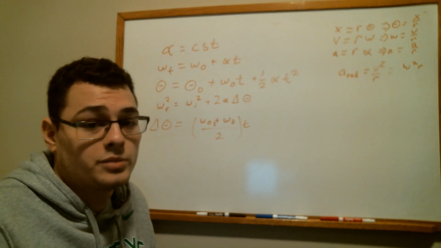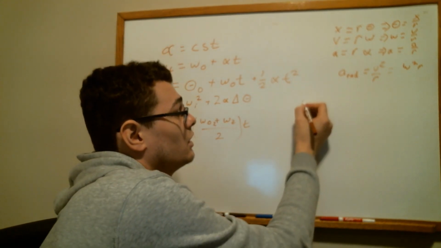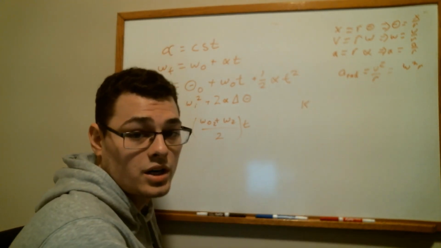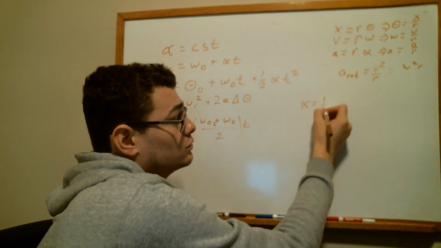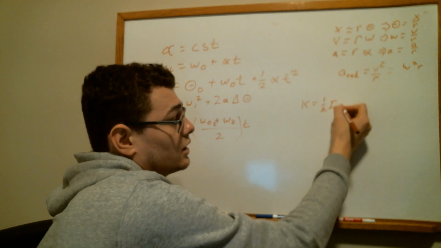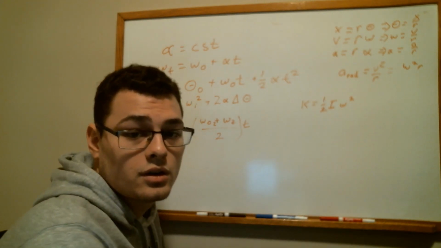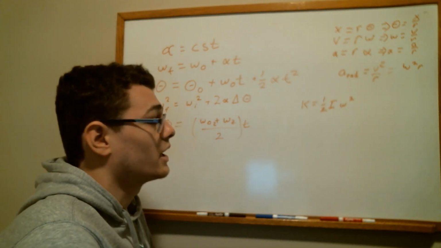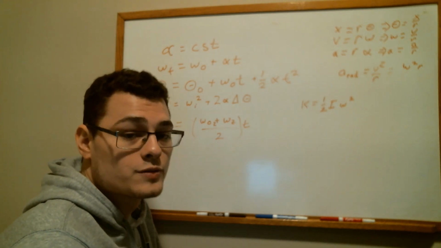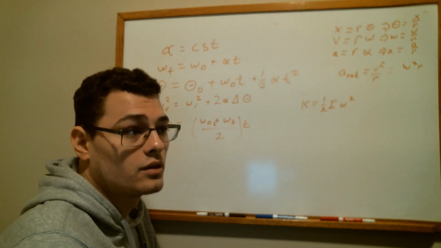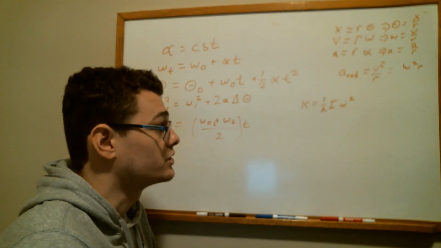We also talked about in this chapter that the kinetic energy of a rotating body, or the rotational kinetic energy, is going to be equal to 1/2 I omega squared. And we looked at how if you have translational motion and rotational motion, you have to split the energy that the object has in between the two.